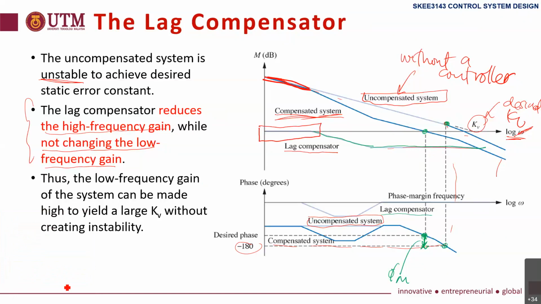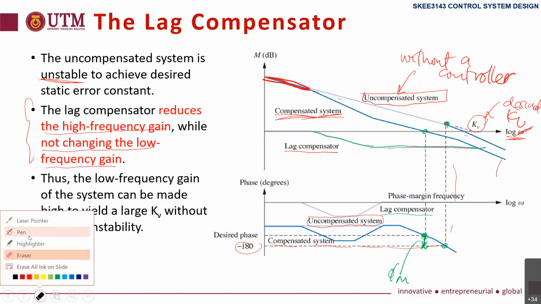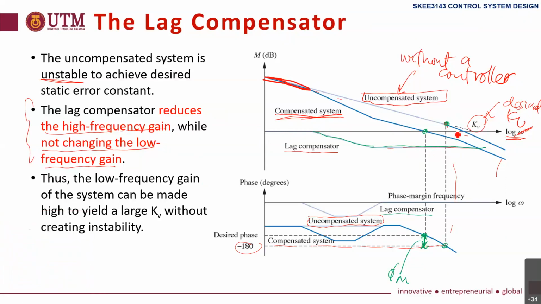How to do that? As I explained, we will maintain magnitude at low frequency and modify the high frequency gain. This is done by the lag compensator here. Our task in the lag compensator is to design this to obtain the one here. To obtain all the values, then we can get the transfer function.